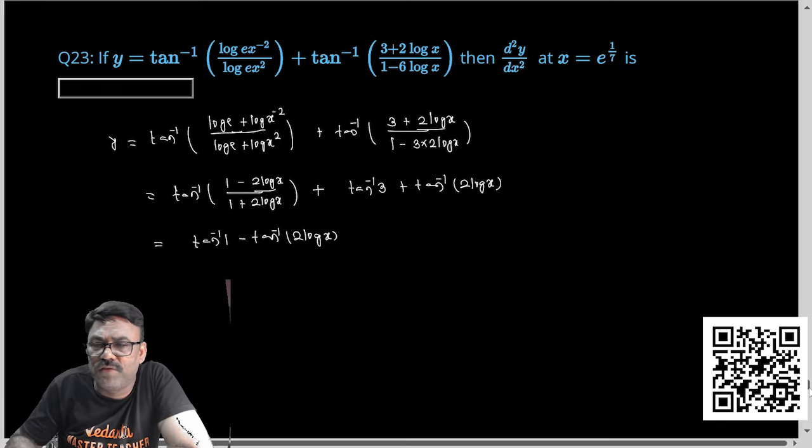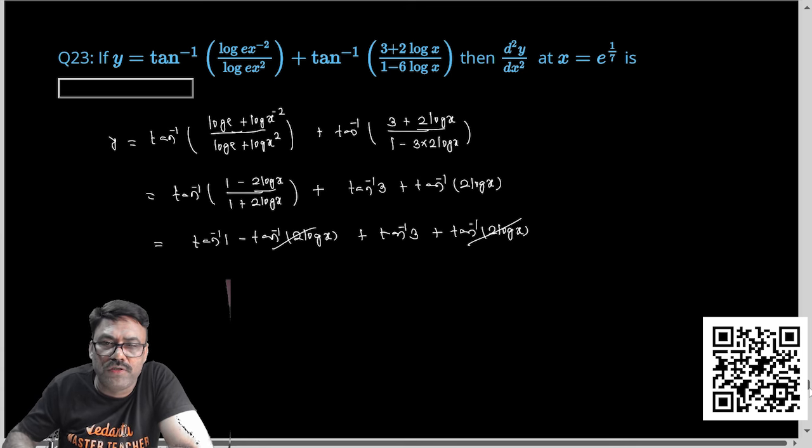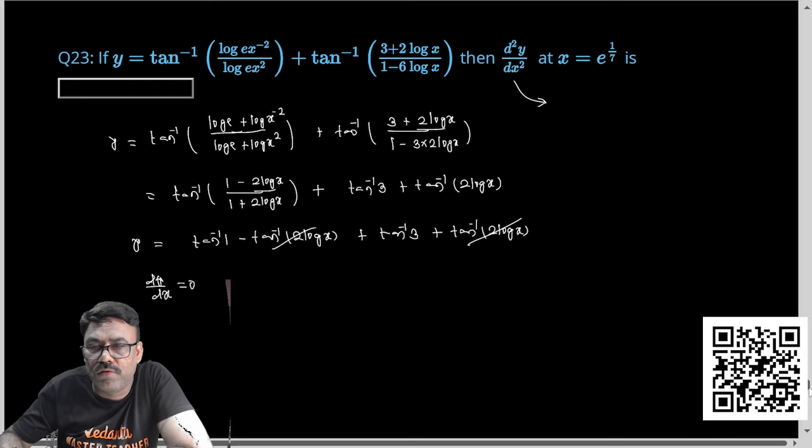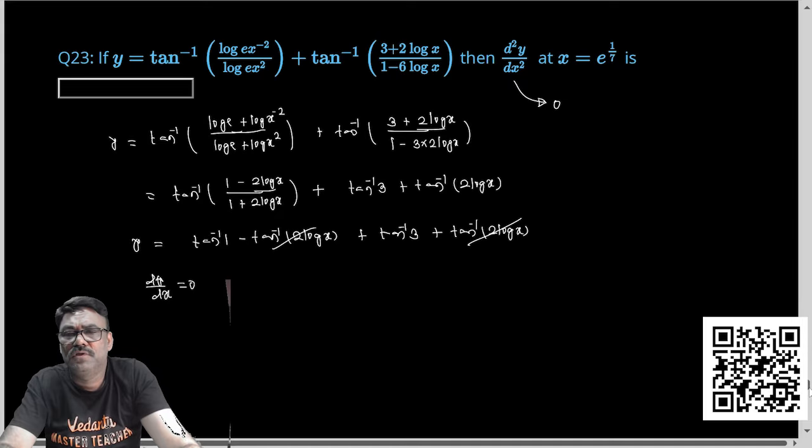Plus tan inverse 3 plus tan inverse 2 log x. And now you can see that the tan inverse 2 log x disappears. So basically y is constant now. So dy by dx is 0 and hence d2y by dx2 is also 0. So 0 is the correct answer. Actually y is constant here.